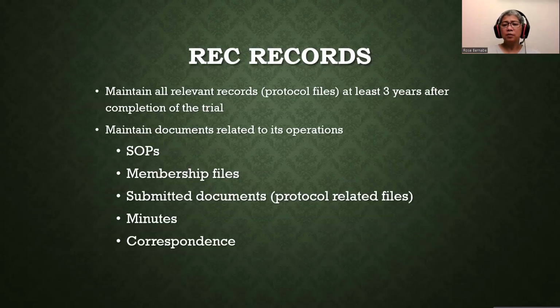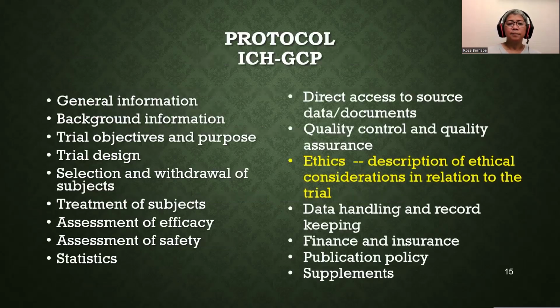And usually records should be related to research ethics committee operations, like its SOPs, membership files, submitted documents, protocol related files, dossiers, minutes of the meetings, minutes of the decisions of ethics committees included, and other correspondences.